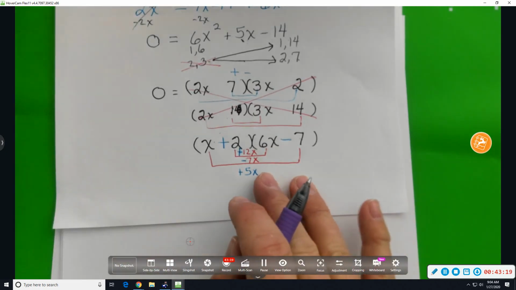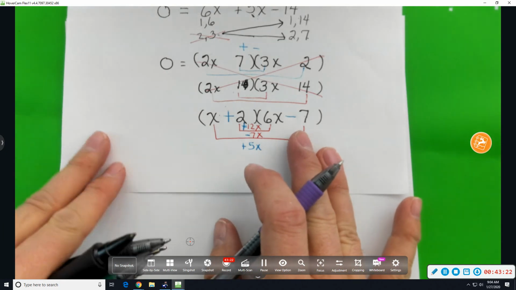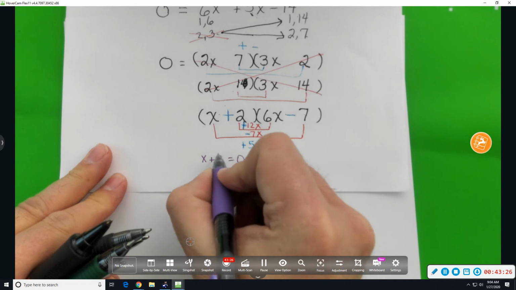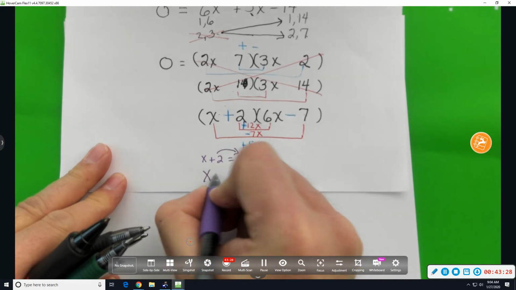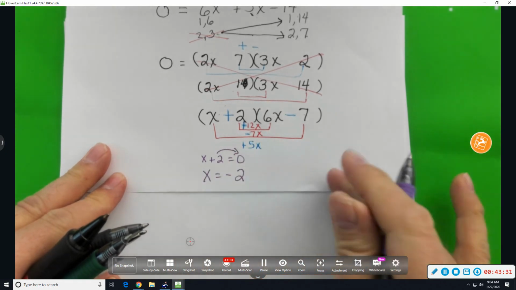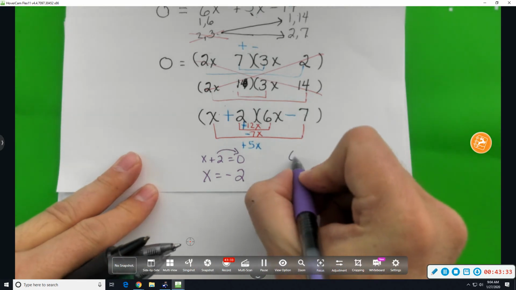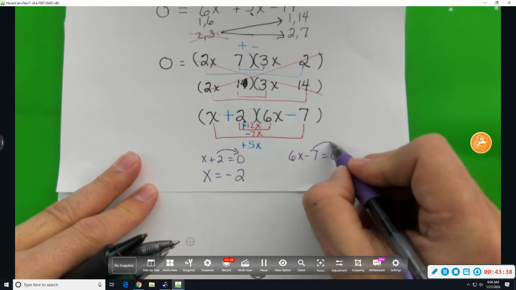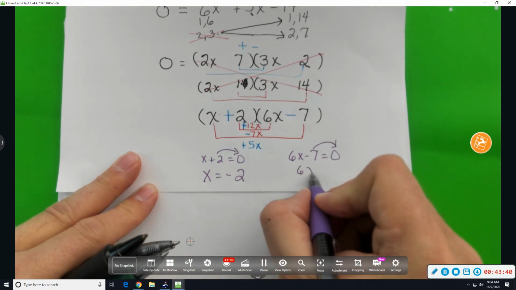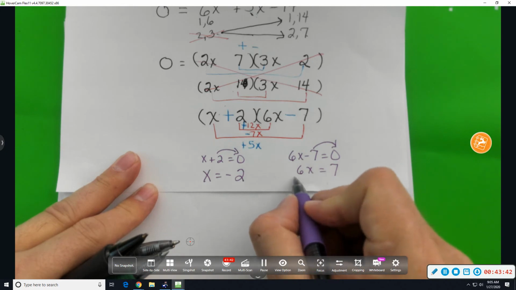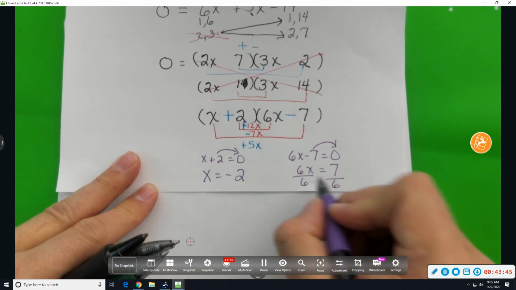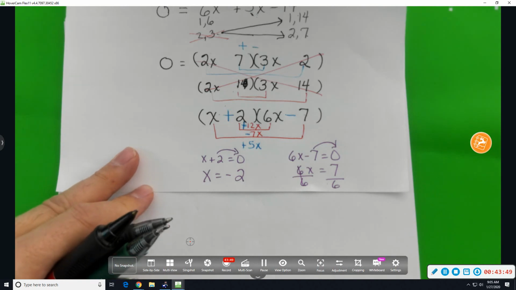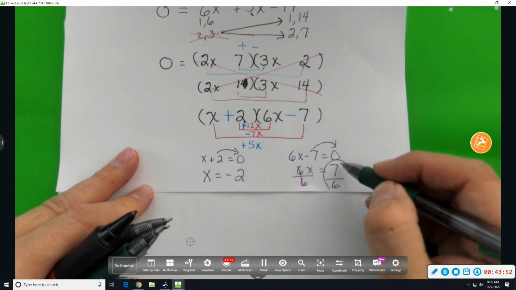So, setting each one of these to 0. When I go x plus 2 equals 0, and isolate the x, I get negative 2. When I set 6x minus 7 to 0, what am I getting? Move the 7 and divide by 6. So 7 over 6 is one answer.